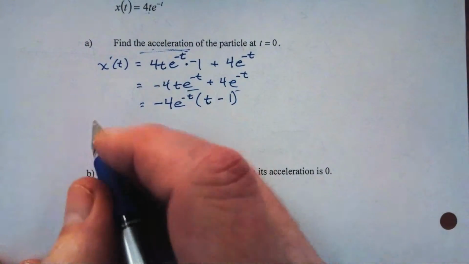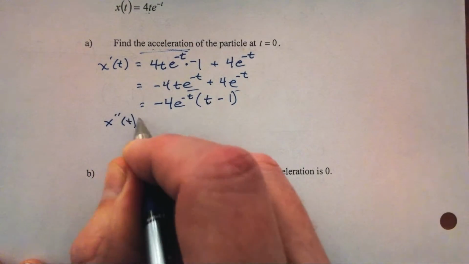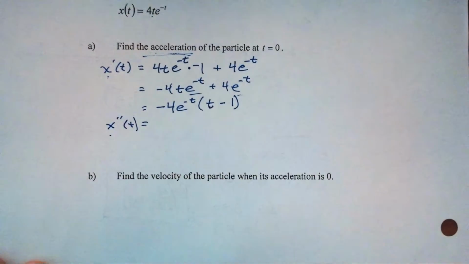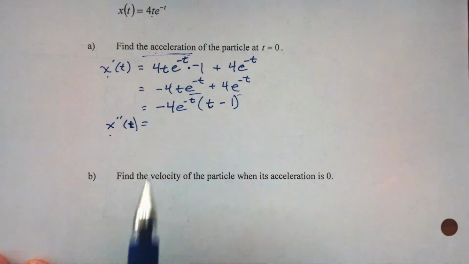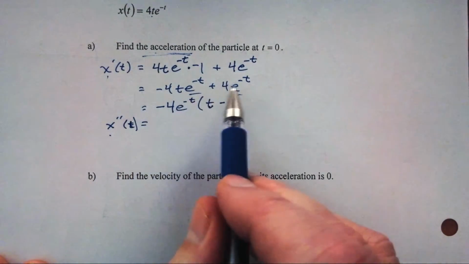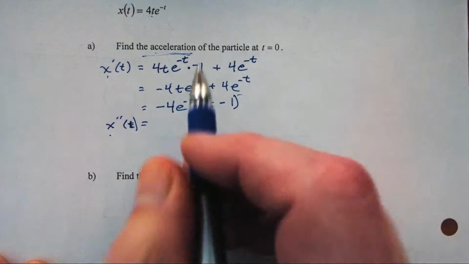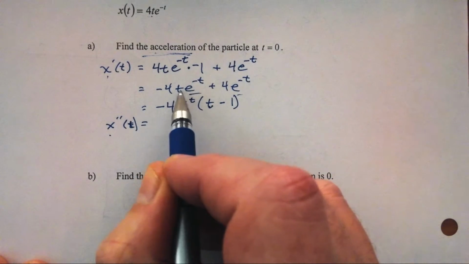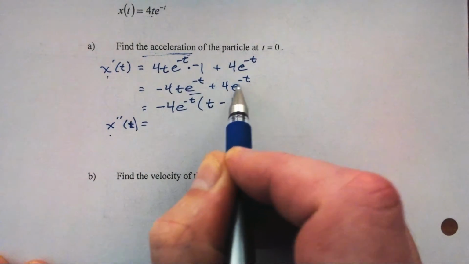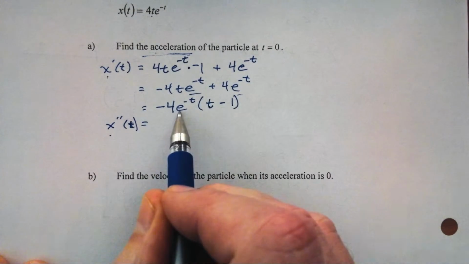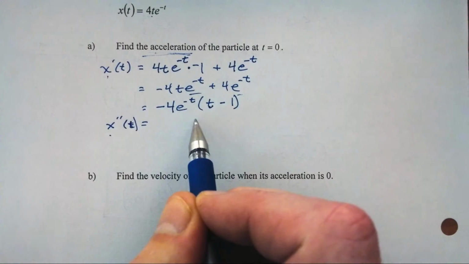Second derivative. So now decision time maybe. I guess I could have called this V and A. Now, do I want to find the second derivative from up here or from here? It seems like this would probably be worse. Finding the second derivative from this, I still have to use product rule here, and then some. And here, product rule, at least t minus 1's cooperative. I'm going to find the second derivative from this guy.